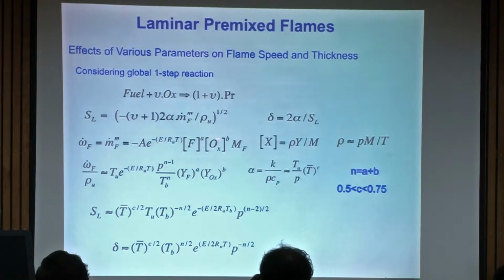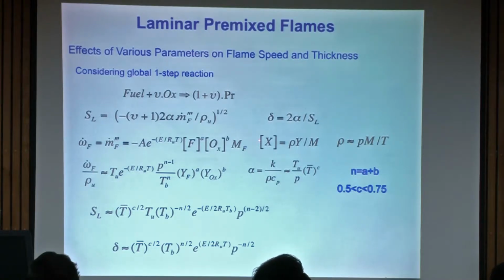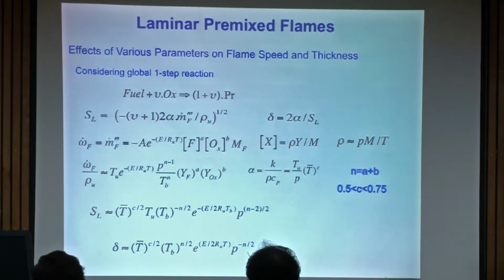And these powers are from experimental data. So this is a global one-step mechanism. Now to see the effect of pressure and temperature, we use this equation. Sir, are the A and B stoichiometric coefficients?